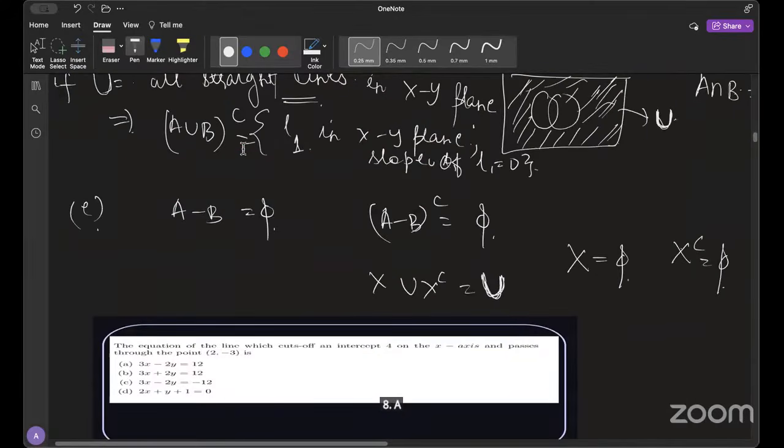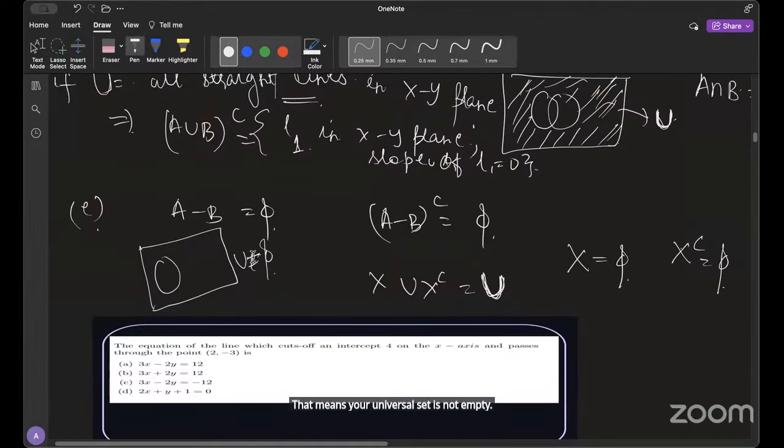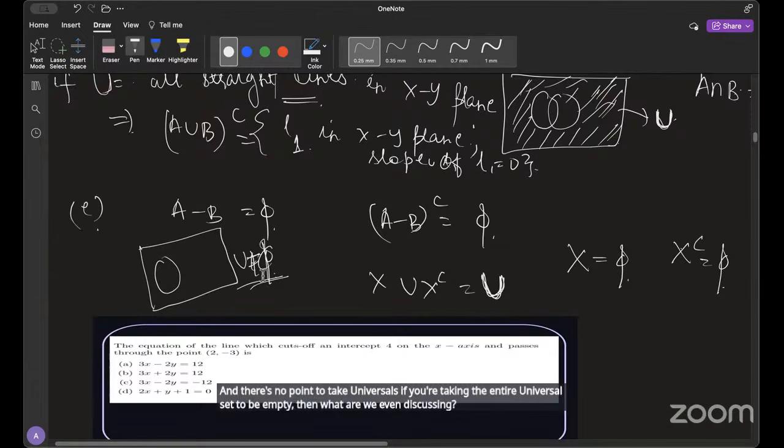A and B both sets are in the universal set. If this is the universal set, B is also here, right? That means the universal set is not empty, correct? And there's no point taking the universal set to be empty. If you're taking the entire universal set to be empty, then what are we even discussing, right?